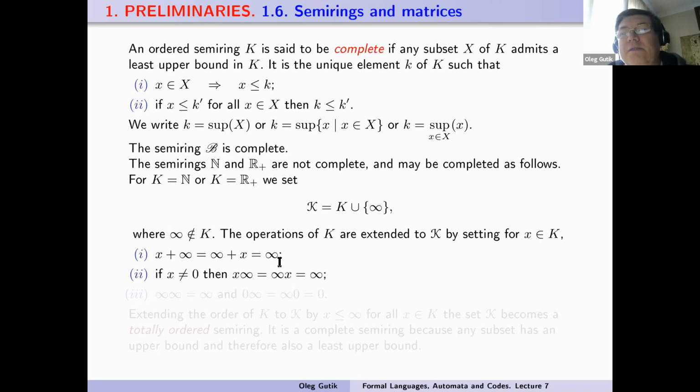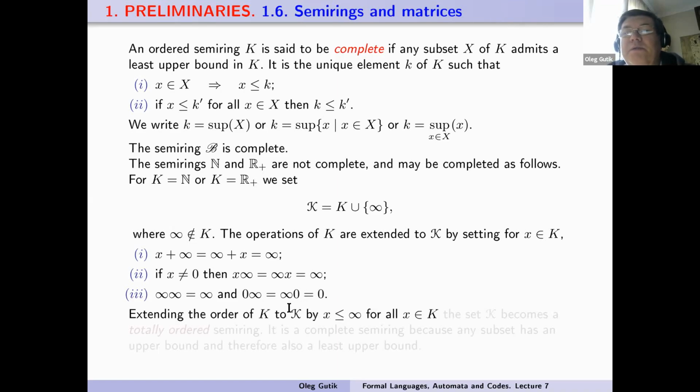And second, if x is not equal to 0, then x multiply infinity is equal to infinity multiply x is equal to infinity. And third, infinity multiply infinity is equal to infinity, and 0 multiply infinity is equal to infinity multiply 0 is equal to 0.